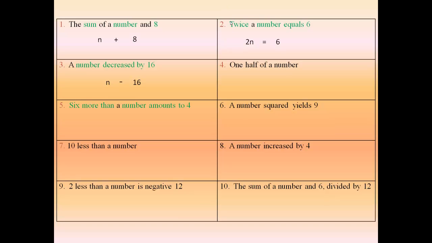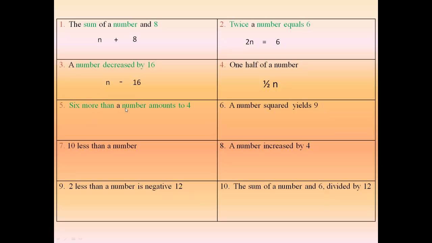It's your turn on number 4. Pause the video, highlight, and write your expression. 1/2 of a number. The word of tells us to multiply, so we're multiplying 1/2 times a number, n.